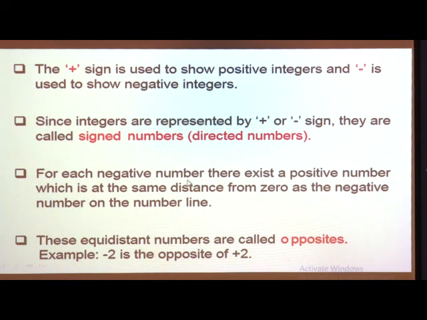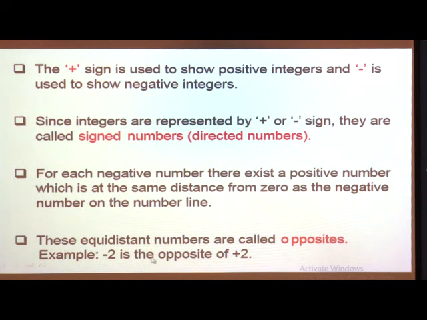For each negative number, there exists a positive number which is at the same distance from 0. For example, on the number line we have 0 in the middle. If we have plus 1 on the right hand side at the same distance from 0, then we have minus 1 on the left hand side at the same distance from 0.